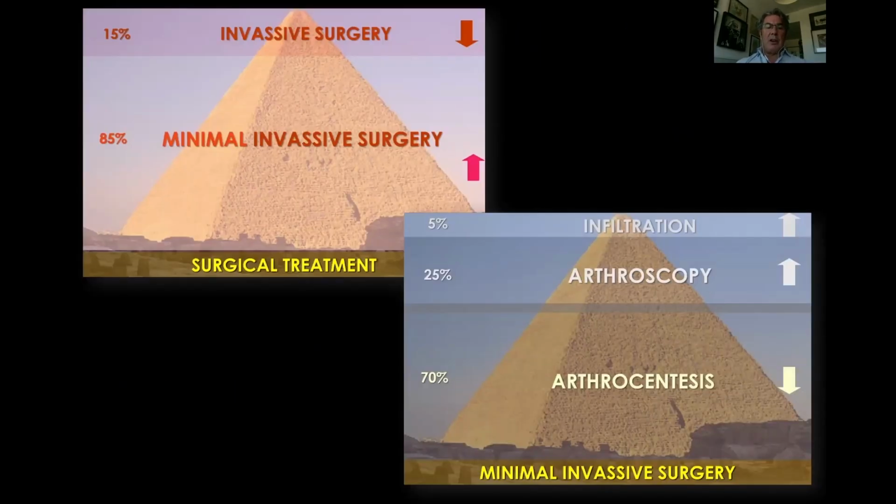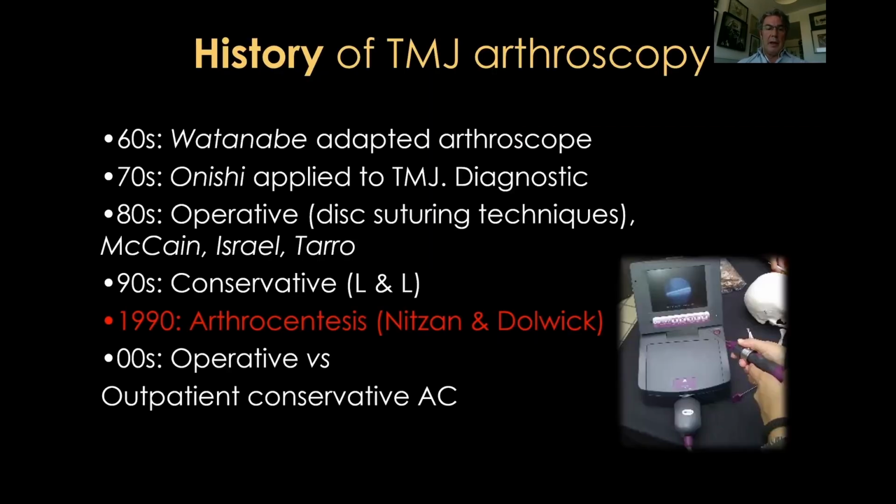We know that the surgical treatment in the temporomandibular joint is increasingly minimally invasive surgery. And in this minimally invasive surgery, we have seen a big interest in arthroscopy right now, with respect to arthrocentesis, which is declining, and infiltrations, because we have very good results and it is increasing. Arthroscopy was initially applied to our joint by Watanabe and Onishi in the 70s.